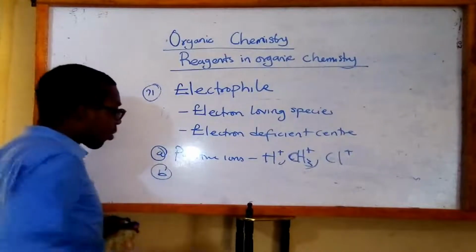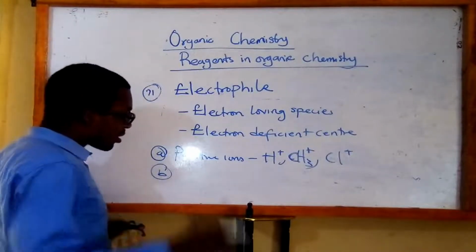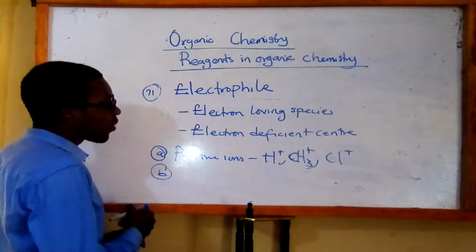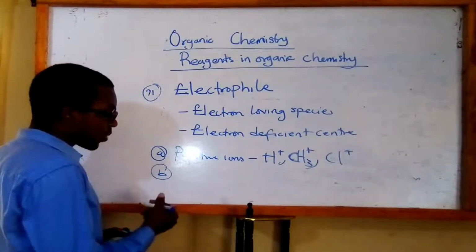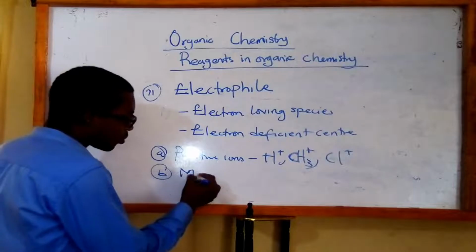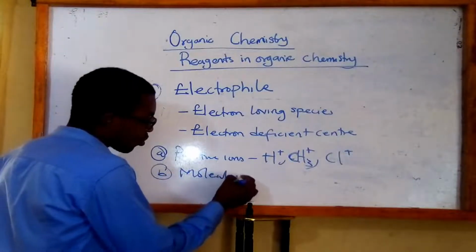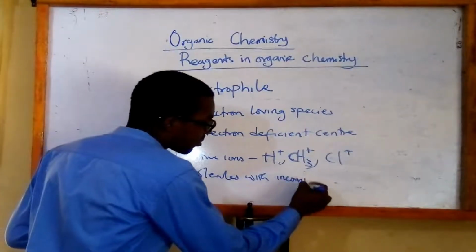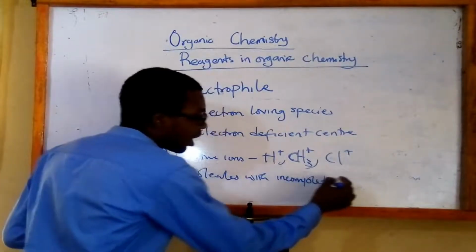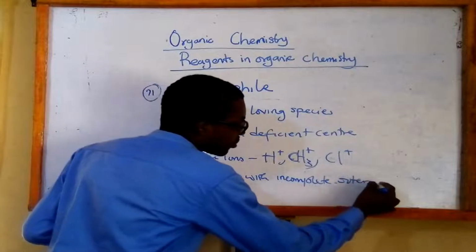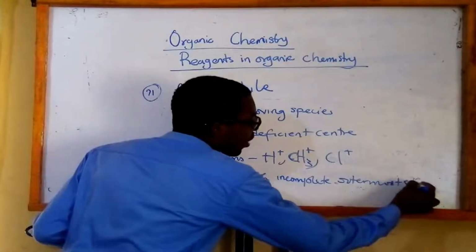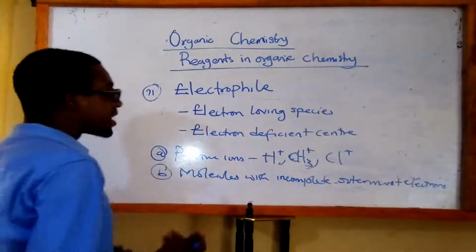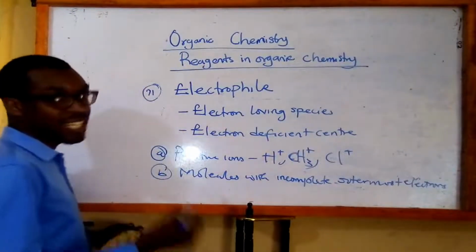The second example of electrophiles is molecules with incomplete outermost electrons. When you have molecules that have incomplete outermost electrons, we observe that they act as electrophiles.